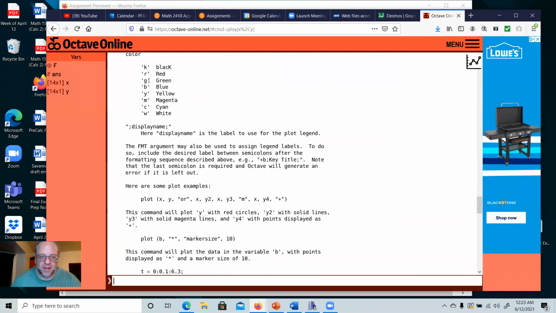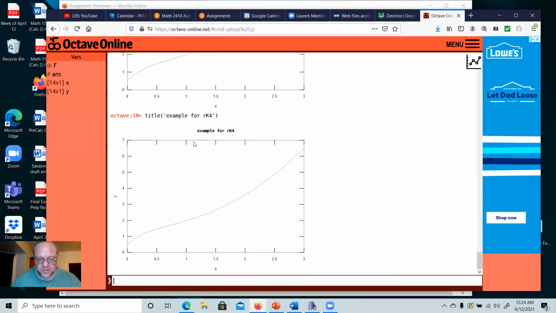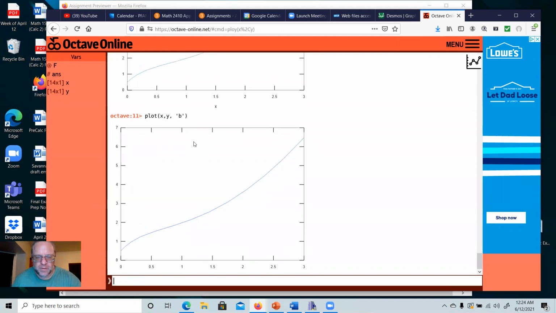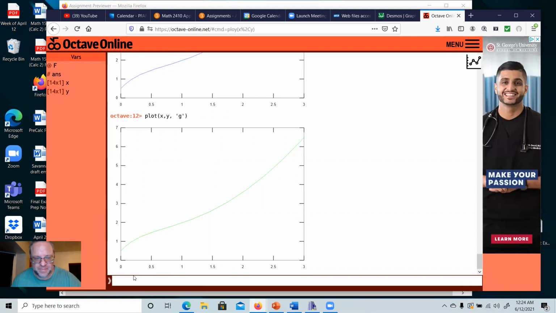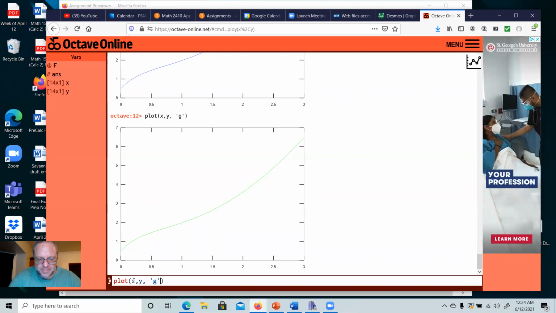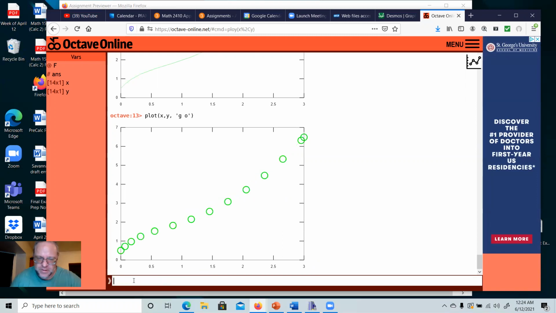Let's do the same plots, except let's go with the blue line. So we're going to say plot x, y, blue. Oh, never mind, that was the same one they gave us as a default. Let's go with green. See, that changes it. Or what if we want green o's? Look at that.